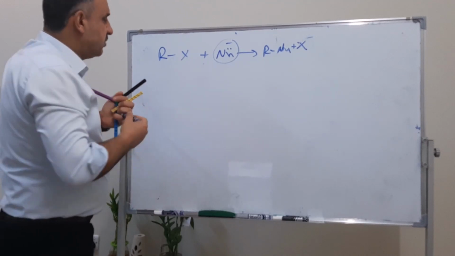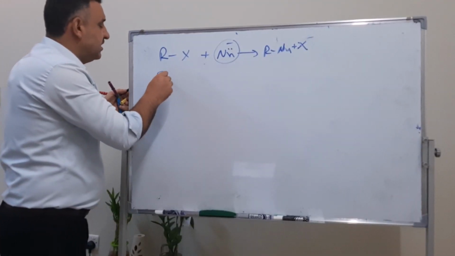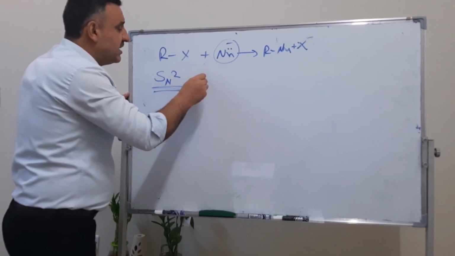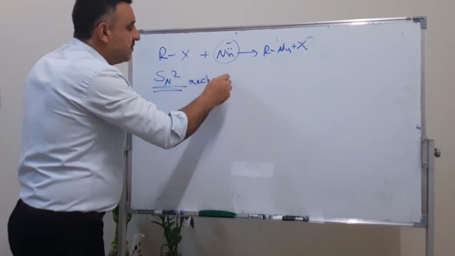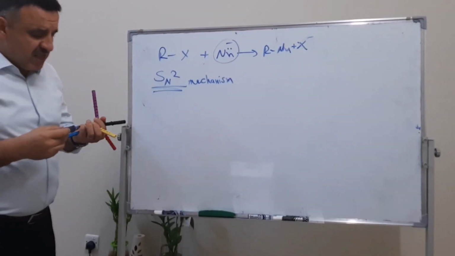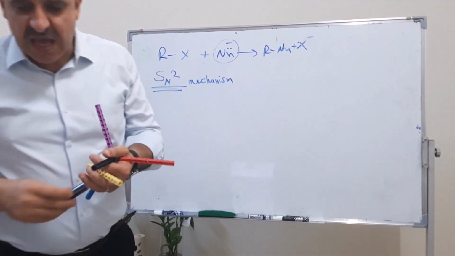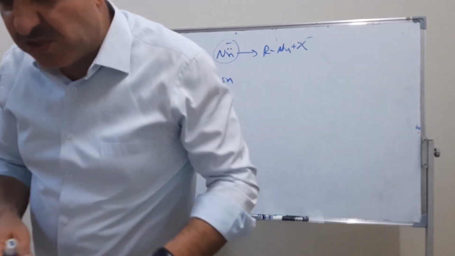And what we have discussed so far is the SN2 reaction mechanism. As you can see, the SN2 reaction mechanism involves the attack of the nucleophile from the backside, and therefore we will always have inversion of configuration.